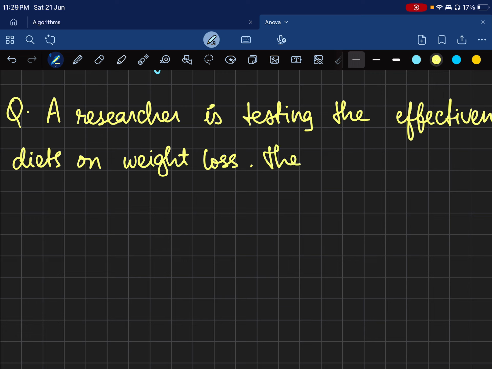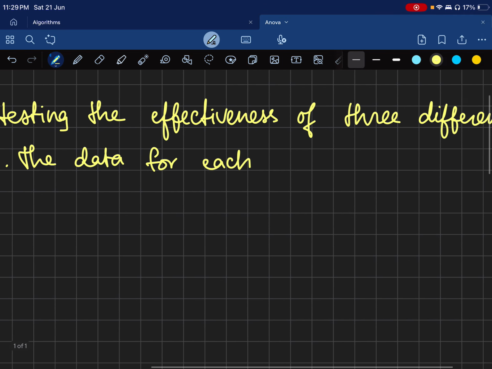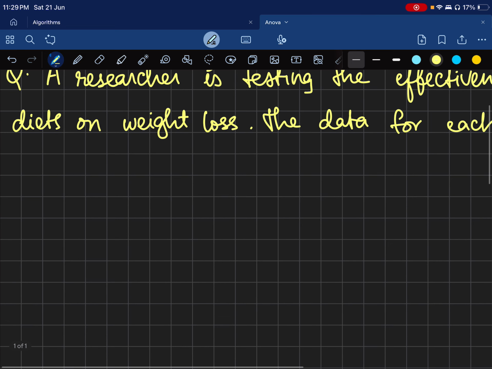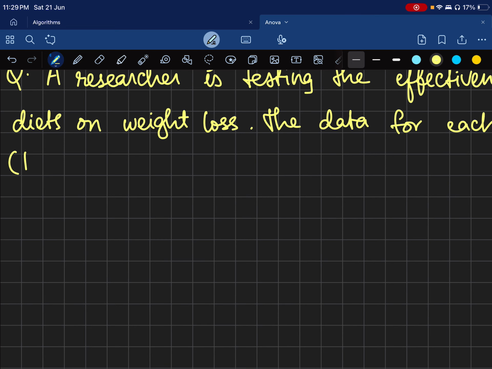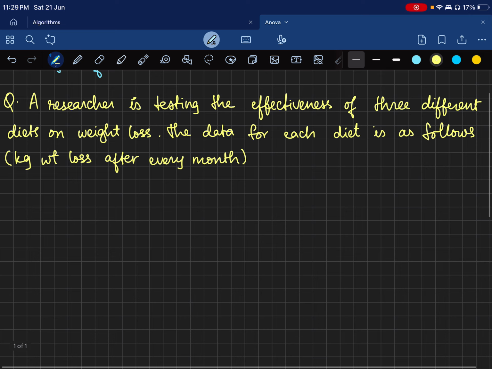The data for each diet is as follows. The data they're taking is the weight data, the kg weight loss after 1 month. This is the data that will be given to us.